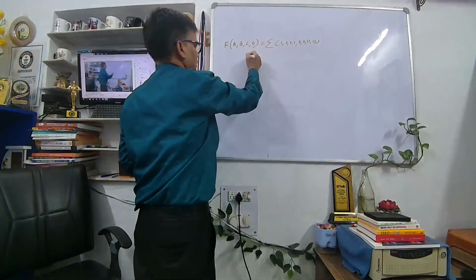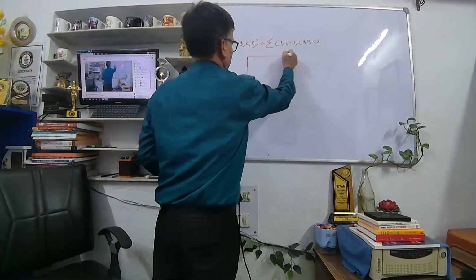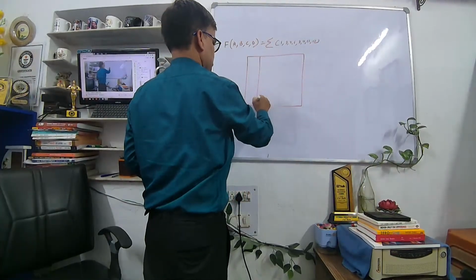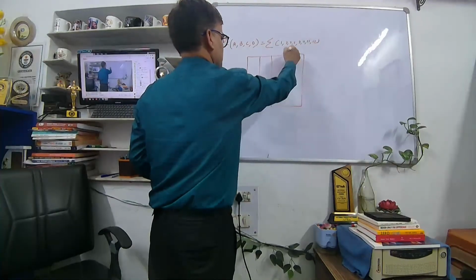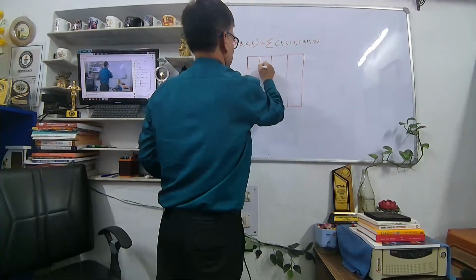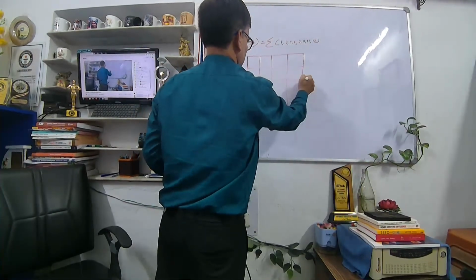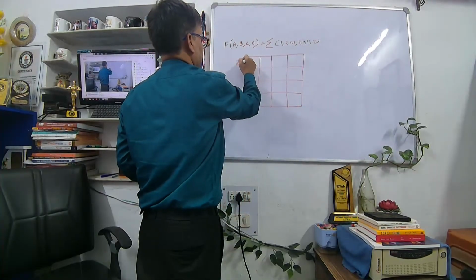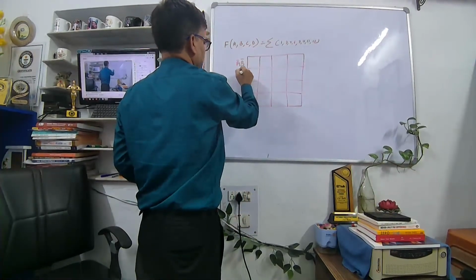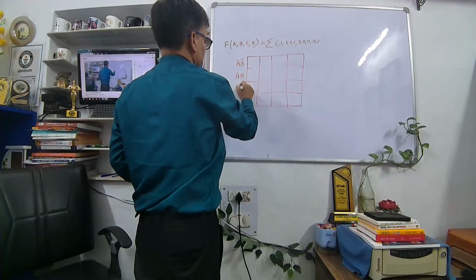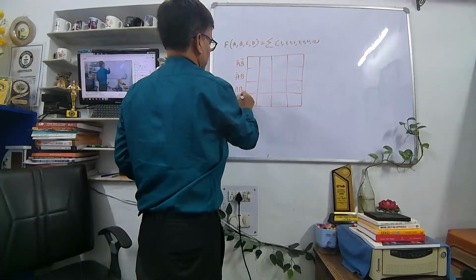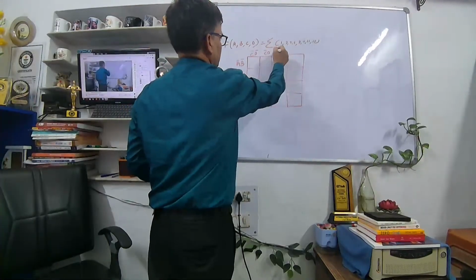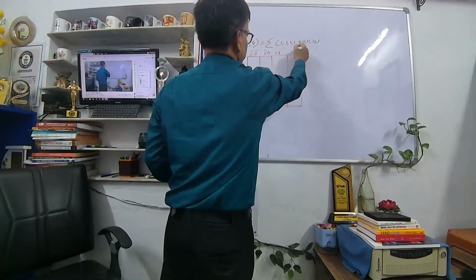Now, if I have to solve it, I'll write A bar B bar, A bar B, A B, and A B bar, and C bar D bar, C bar D, C D, and C D bar.